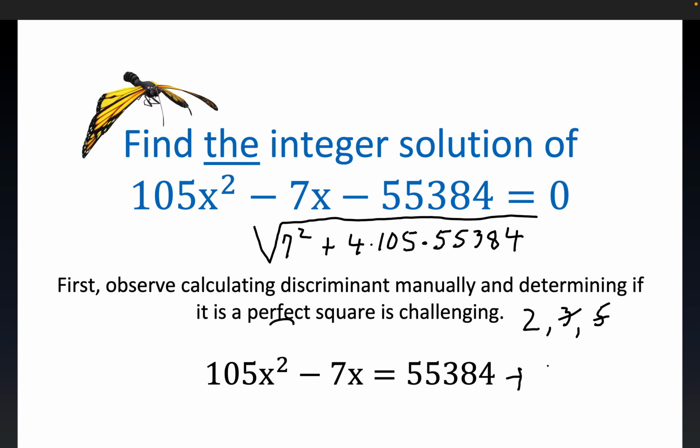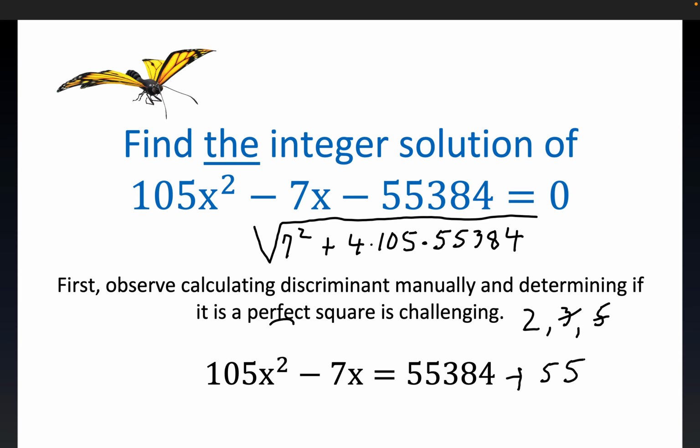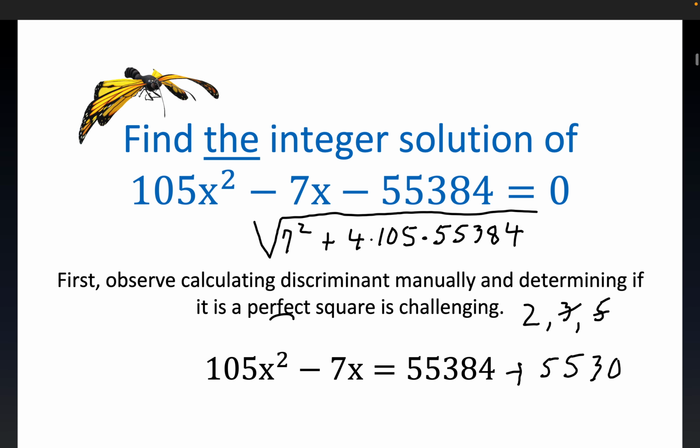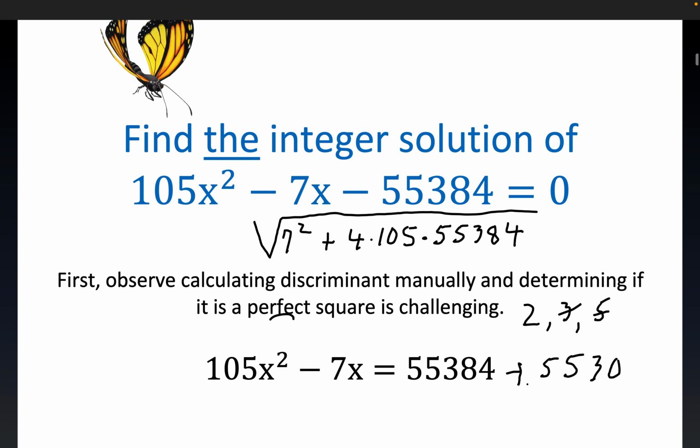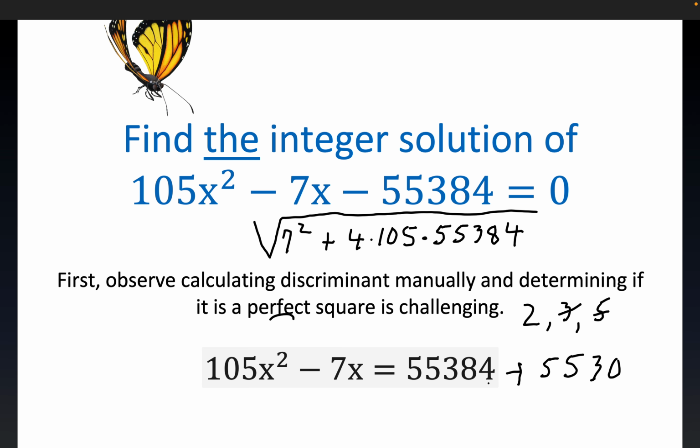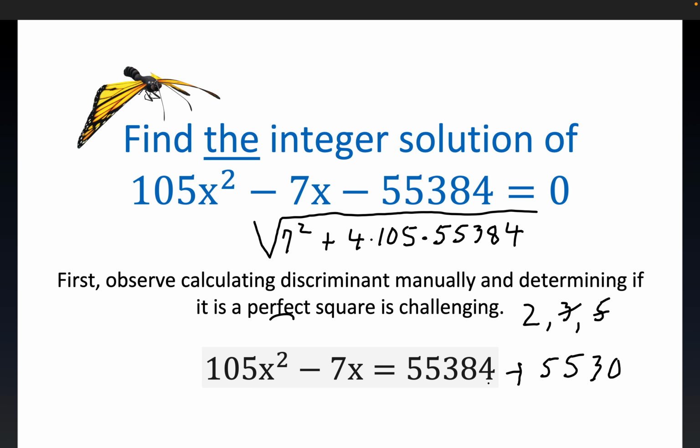When you do that, you get 5530. Again, what's the algorithm here? To test for divisibility by 7, since we've already tested for 2, 3, and 5, you take the last digit, multiply it by 2, and then subtract it from the number. That's what I did. 2 times 4 is 8.